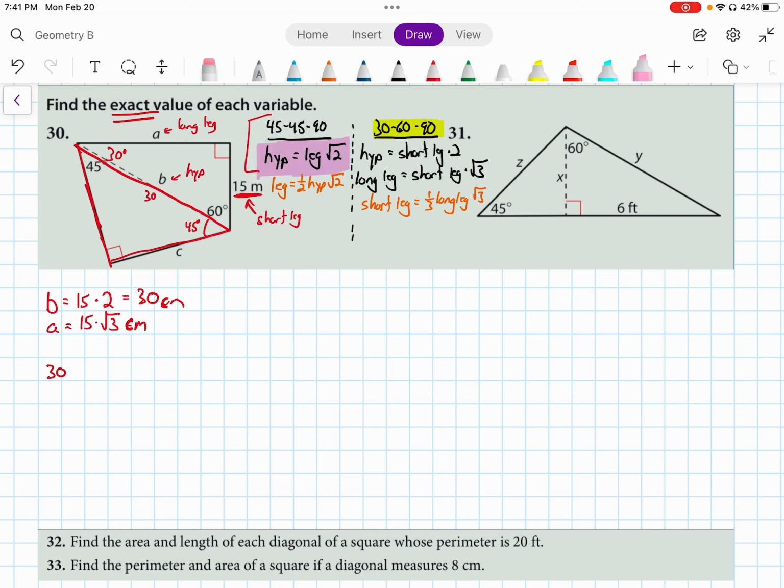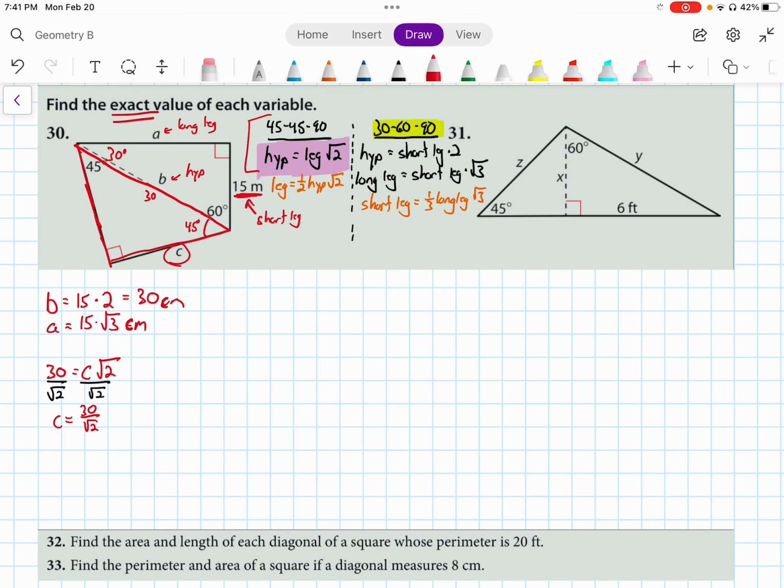The hypotenuse is 30, and that is equal to a leg, which is c, times the square root of 2. To solve this, we divide both sides by the square root of 2. And so we get c equals 30 over the square root of 2.